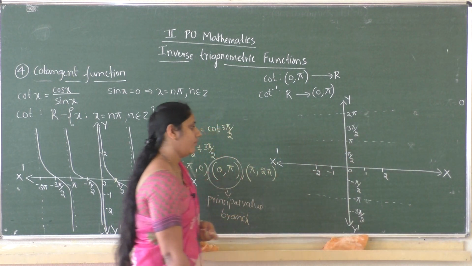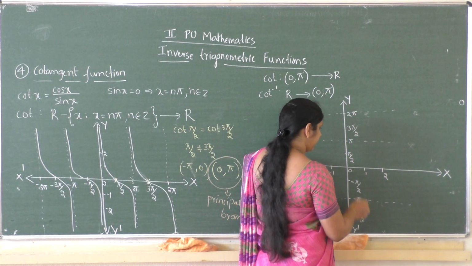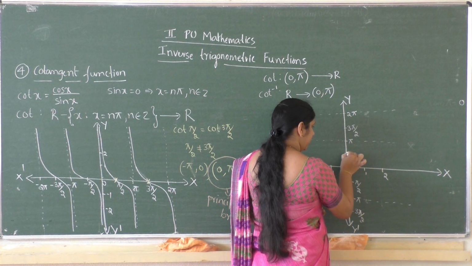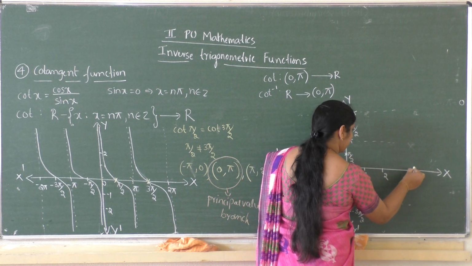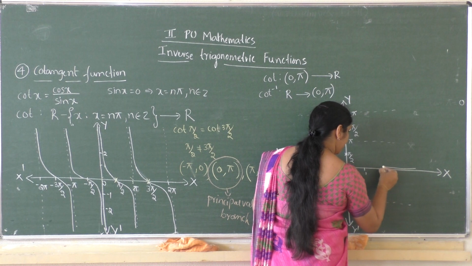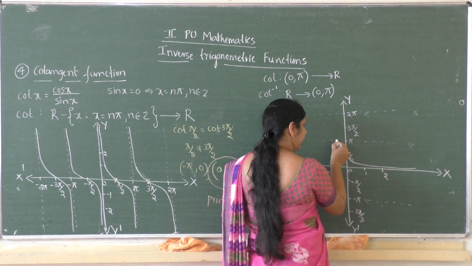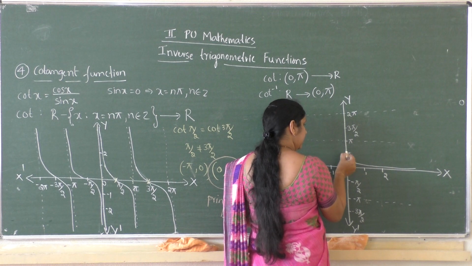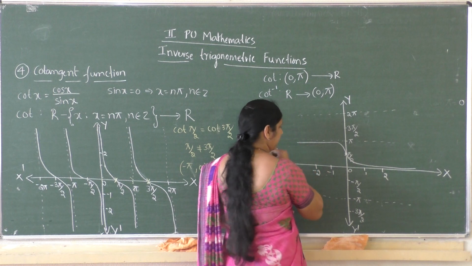Now cot 0 is infinity, cot pi by 2, just tilt the graph, you will get the correct picture. So here it is infinity to 0. Next, second quadrant means minus, right? So it is 0 to like this.